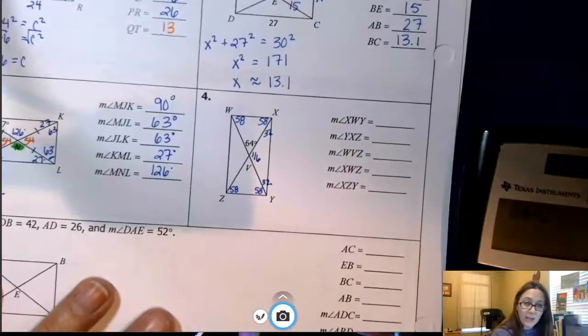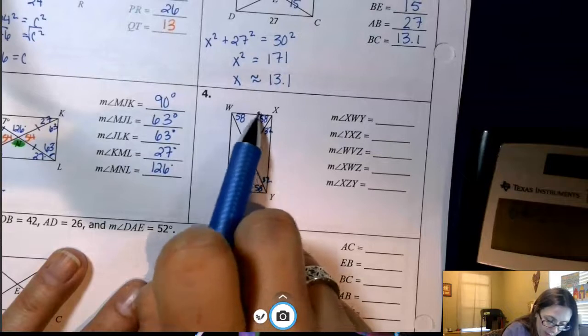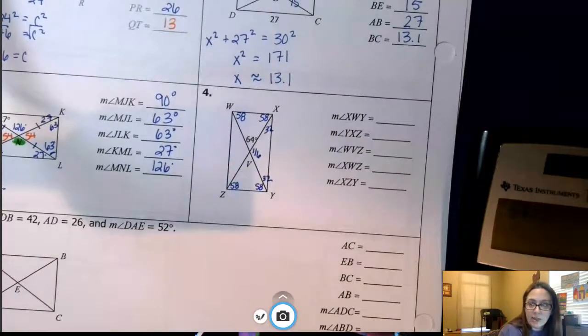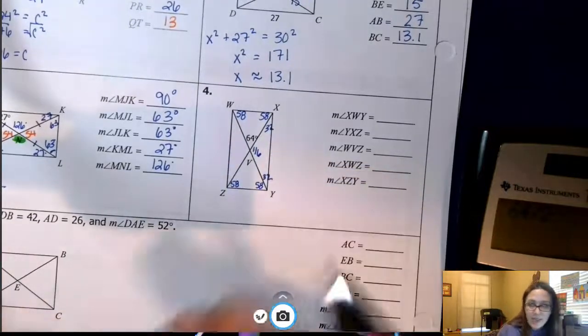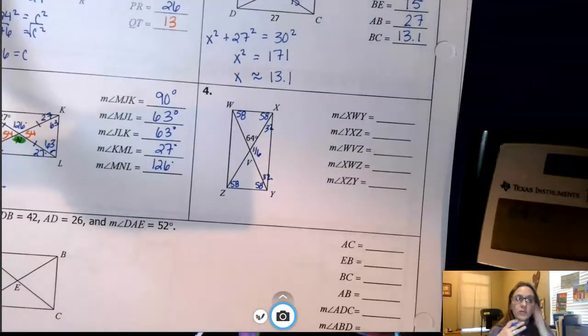Now, how else could I have done that? Could I have known if that's 58 that these two have to add up to 90? It's a right angle. They'd have to add up to 90, so it's a separate way to do it. What's really nice about this is that if you know the rules, you don't always have to go the same way that I do.